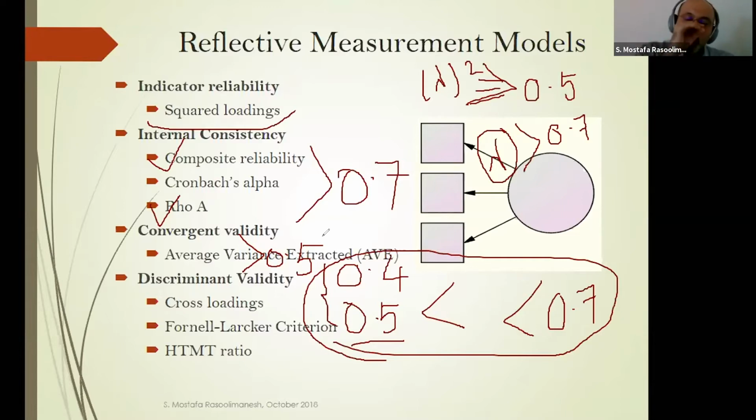So far, we check actually suitability of item, each item to measure a construct. So we check loading, we check Cronbach's alpha for each construct, and we check AVE for each construct.